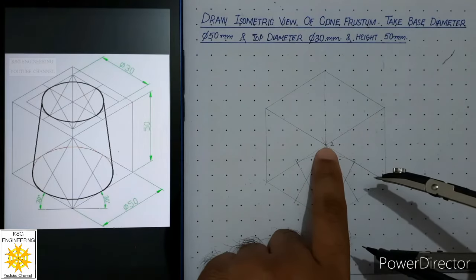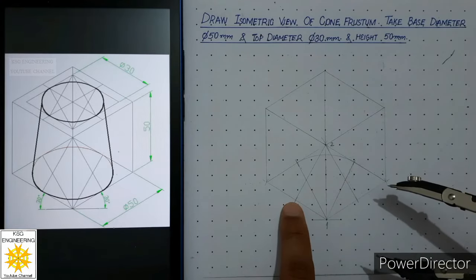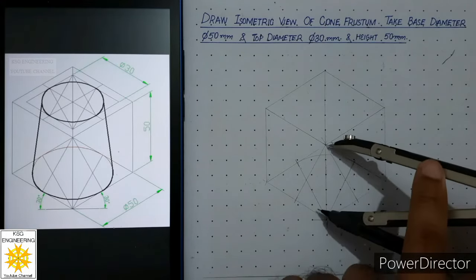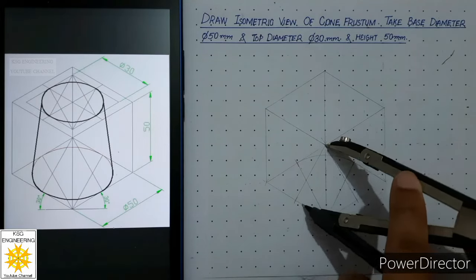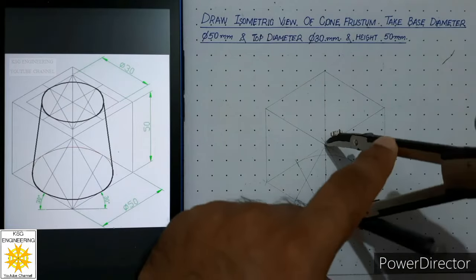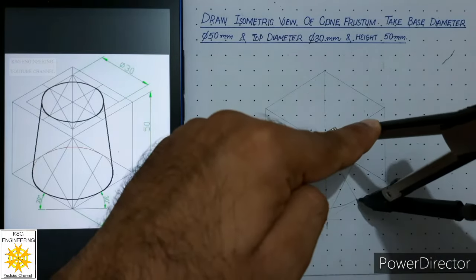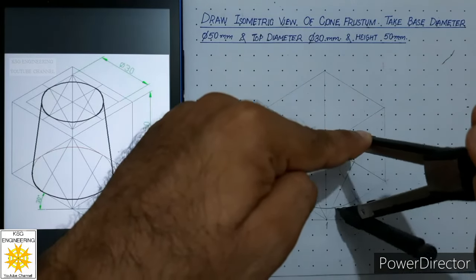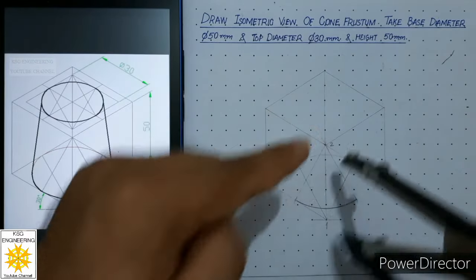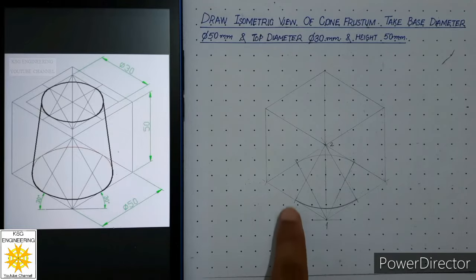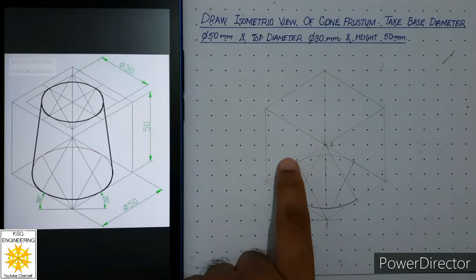We'll put compass at this center now and radius equal to this length. We'll draw arc in between these 2 points and it will be thick because front edge is visible to us in the isometric view. So let us draw a thick curve here. Now after that, we will place our compass at the third center and we will connect these 2 curves with another curve.